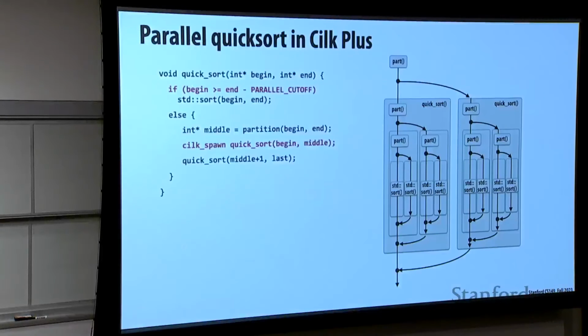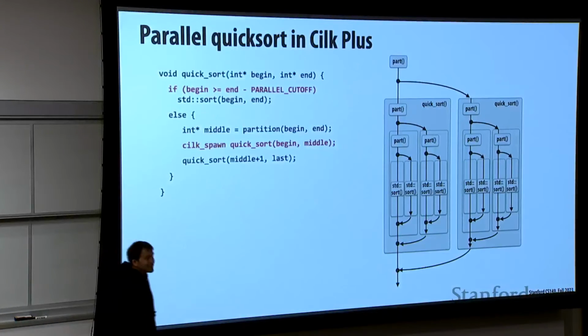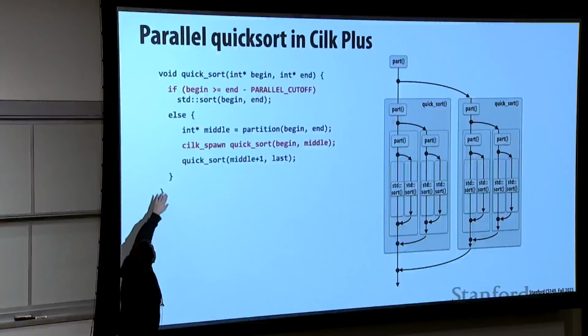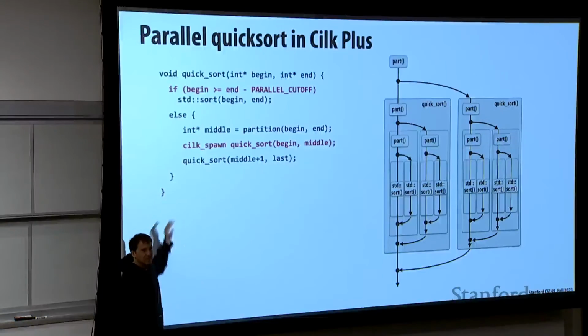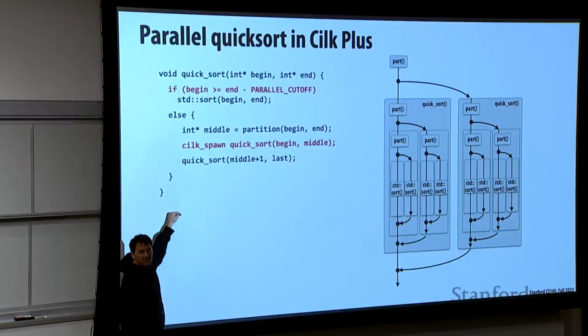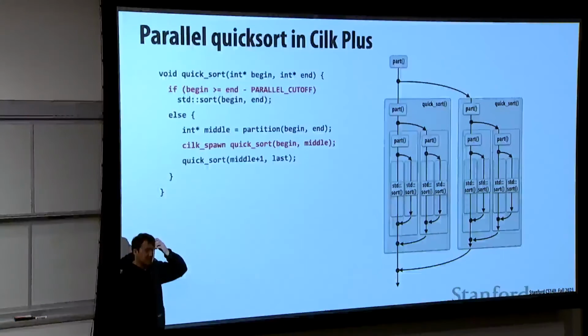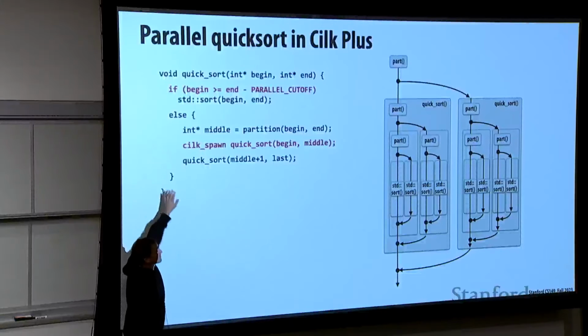Okay, so here's Quicksort implemented in this programming model. Notice that the only thing I did, more or less, was call spawn. Oh, by the way, there's an implicit sync at the end of the function, so I didn't write it here. When a function returns, all things that it spawned have to sync at the end of the function. So that's why you don't see a sync here.